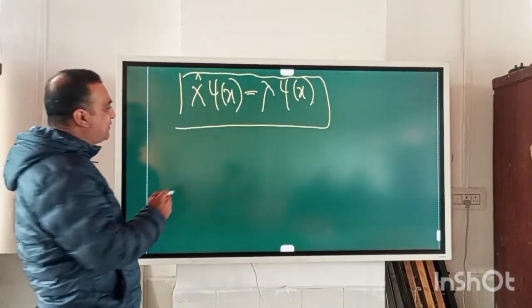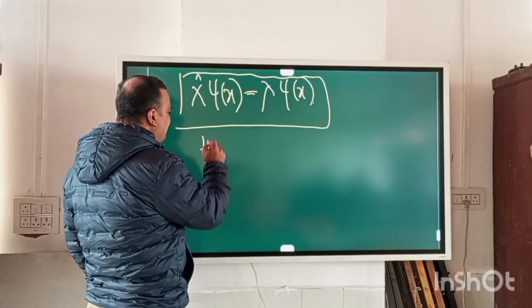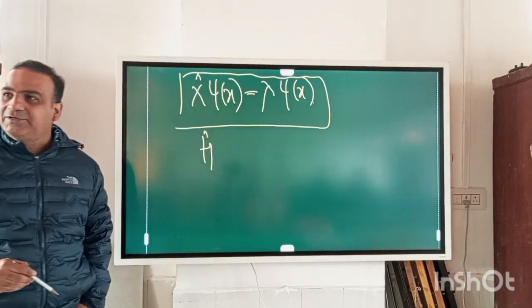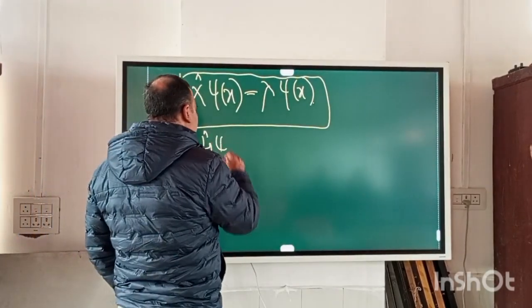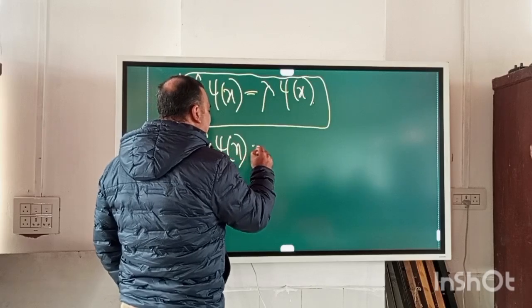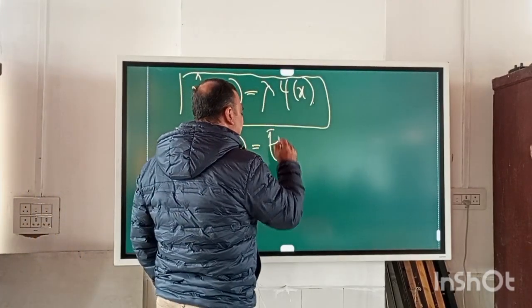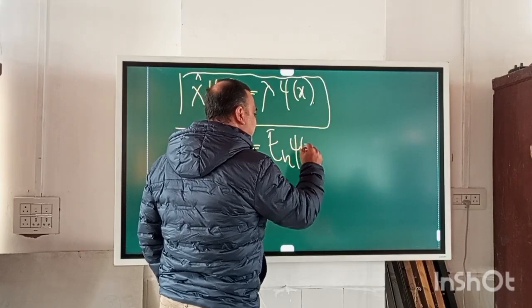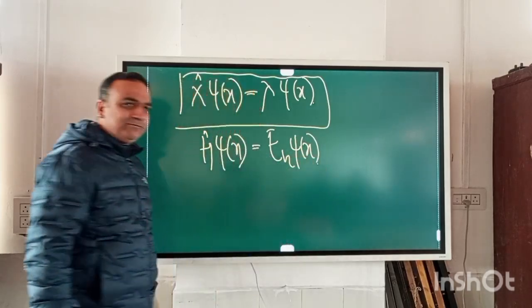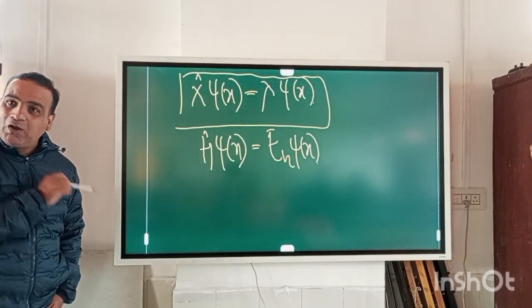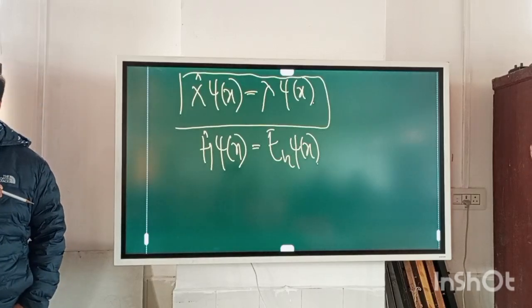Okay. So what was that? It was something like this. We had H, the Hamiltonian operator, acting on psi of x, and you obtained the energy eigenvalues En times psi of x. This is Schrodinger's equation, right?